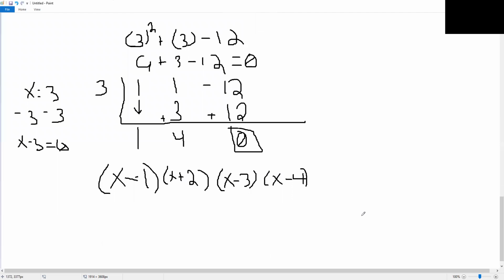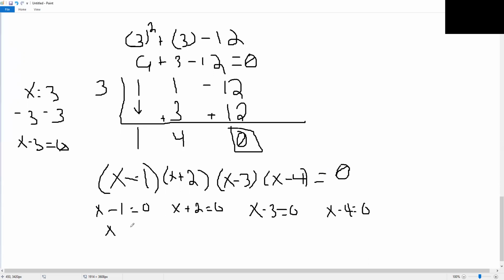So the solutions to this problem are x minus 1 equals 0, x plus 2 equals 0, x minus 3 equals 0, and x minus 4 equals 0.